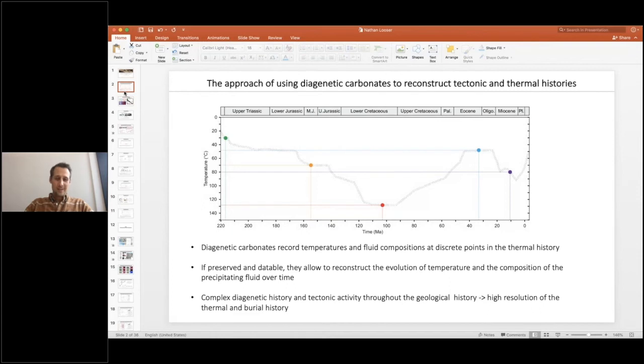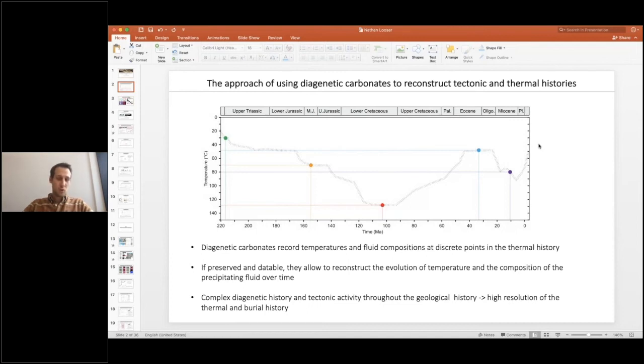So every time in the history of a basin, which is shown here with this gray line, that's just an example, at each time they form, they record the temperature, they record the composition of the fluid during precipitation, and they also record an age.